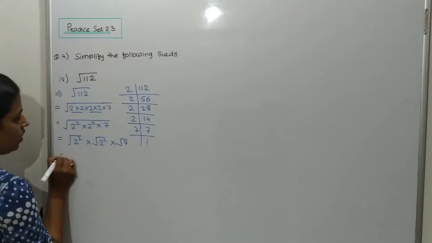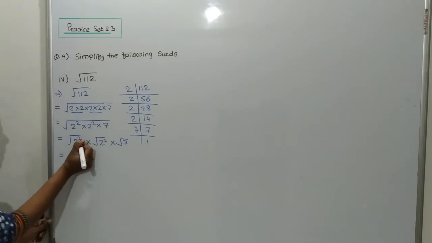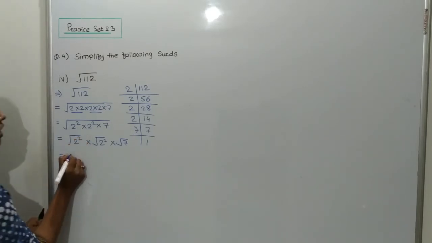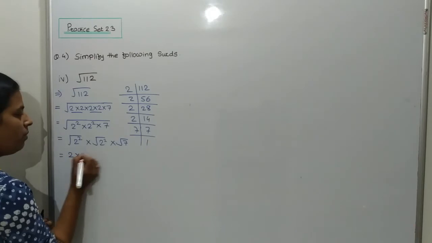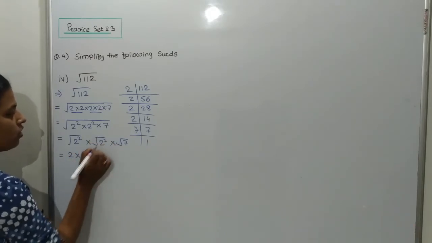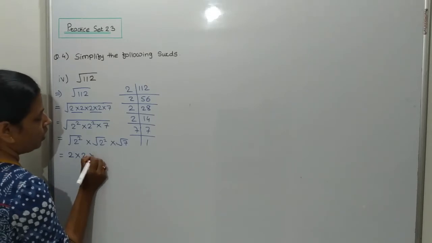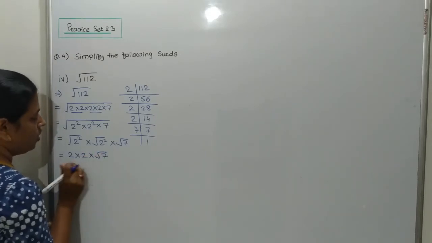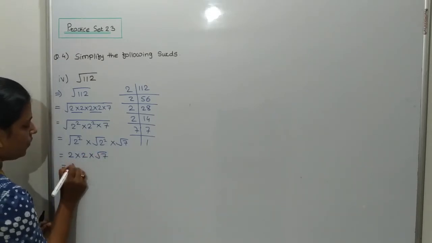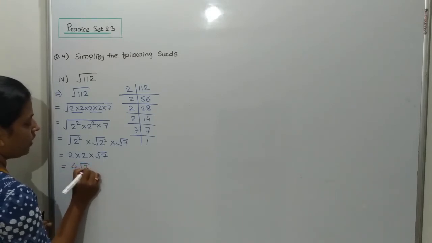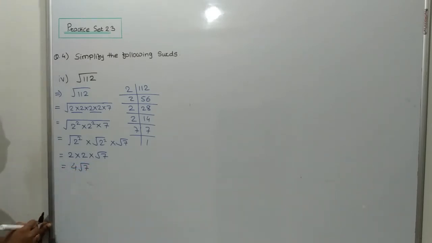So this 2 and this square root sign will cancel, the remaining here 2. Multiply by this 2, and this 2 and square root sign get cancelled out, then remaining here 2. Then root 7 is there. So 2 into 2, that is 4. So 4 root 7. Okay. So this is the answer.